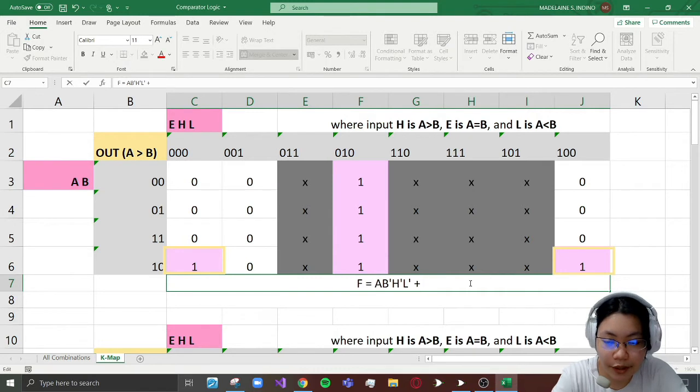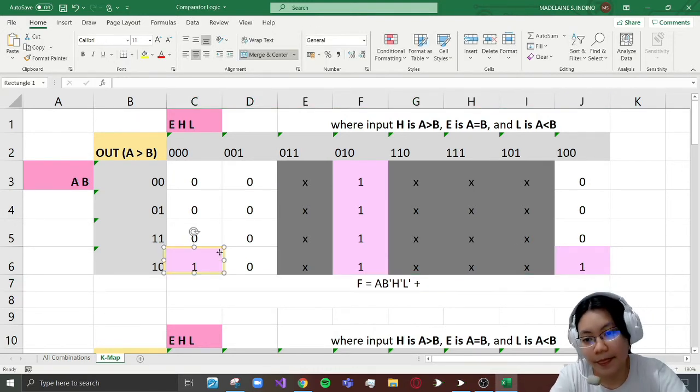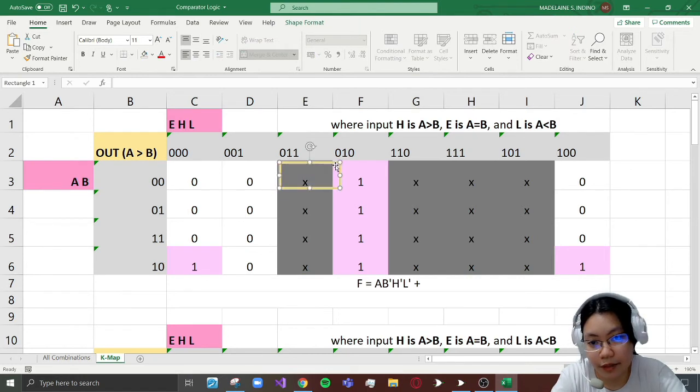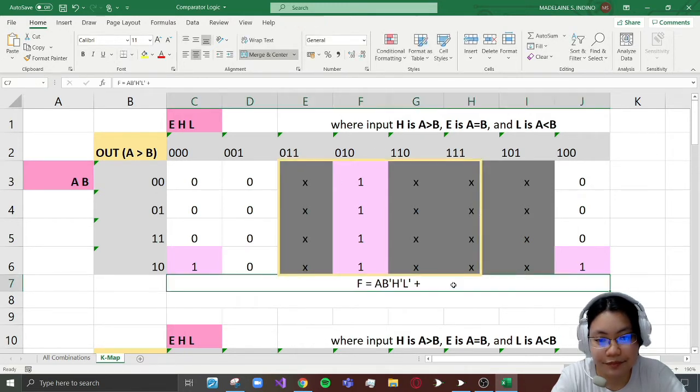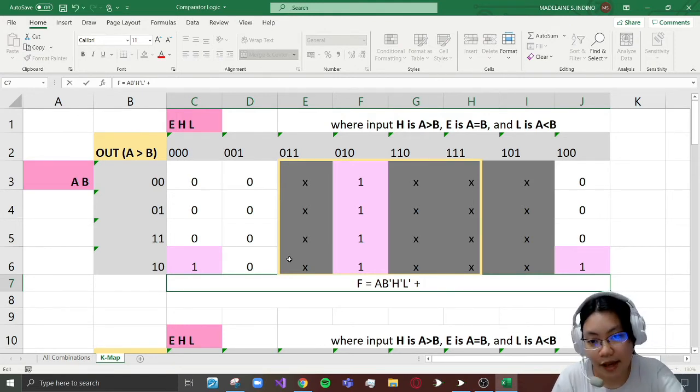Moving on to our next group. What is our next group? This is our next group. We will maximize this so that we can come up with the simplest min term. Okay, that's our second group. We can see that we can already cancel A and B because they are inconsistent.